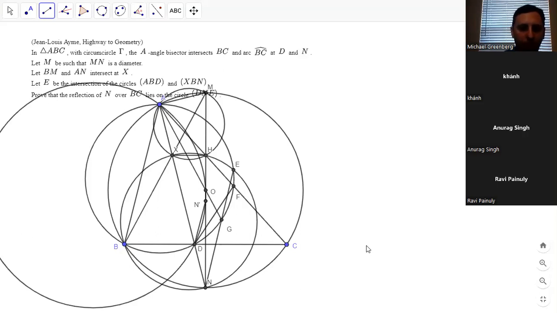I mean, that would be equivalent to solving the problem if we could show that. So we can calculate angle DFA. Can we show that's equal to angle DGA?